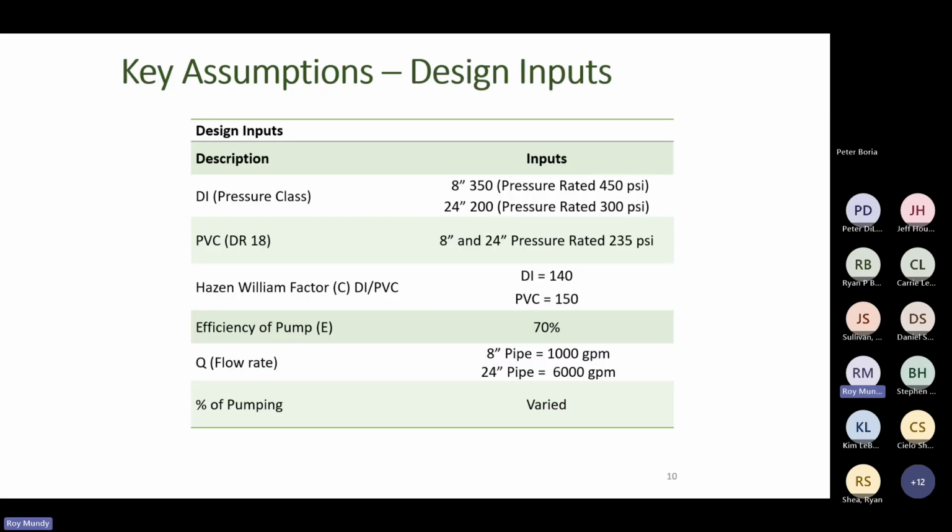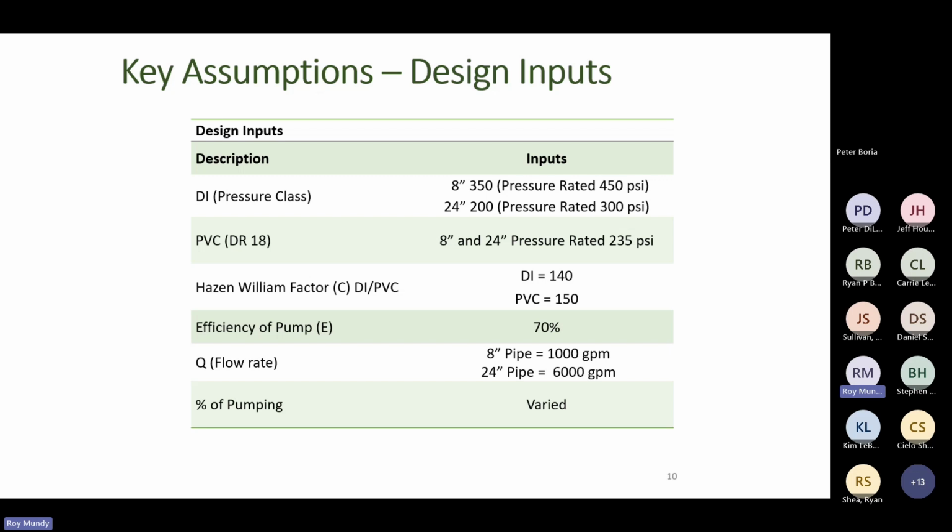And once again, when it came to design inputs, we've already talked about the diameters of pipe that are going to be looked at, 8-inch and 24-inch. Also, when it comes to the C factor in ductile iron pipe and PVC pipe, respectively, they used 140 for ductile iron pipe and 150 for PVC pipe. Pump efficiency, 70%.